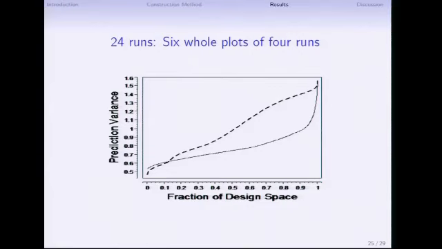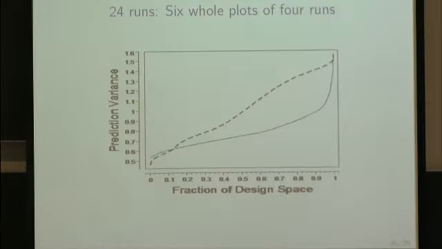In the next two slides, we will see some fraction of design space plots. In the first graph, we use the 24-run equivalent estimation design with 6 whole plots of 4 runs, 1 whole plot factor and 2 subplot factors. The solid lines correspond to our design, and the dashed line corresponds to the D-optimal design.